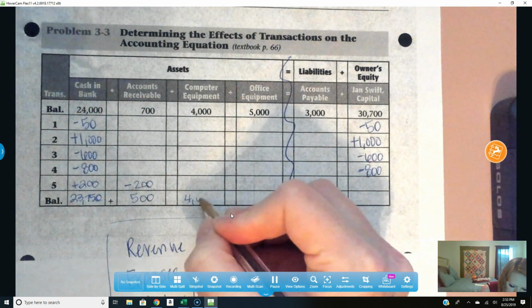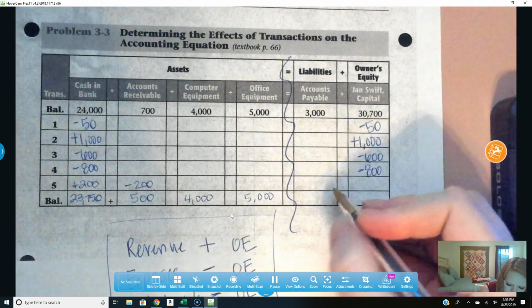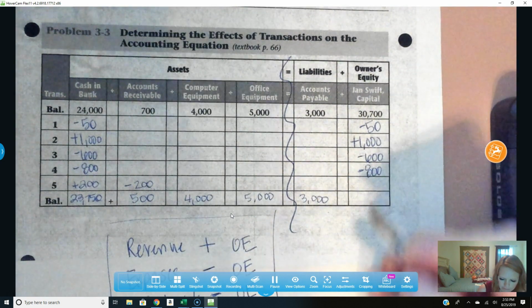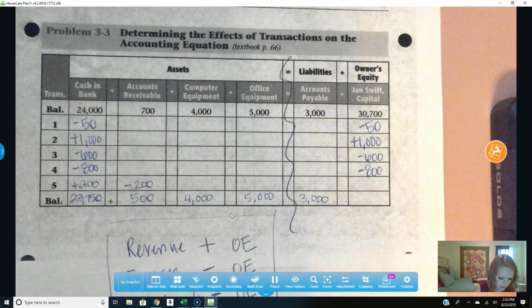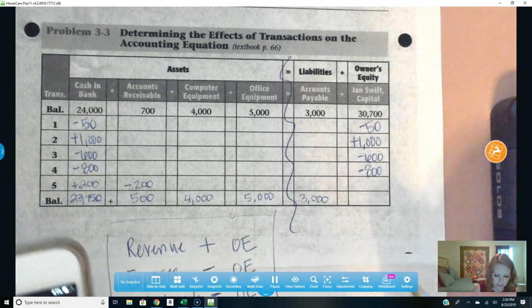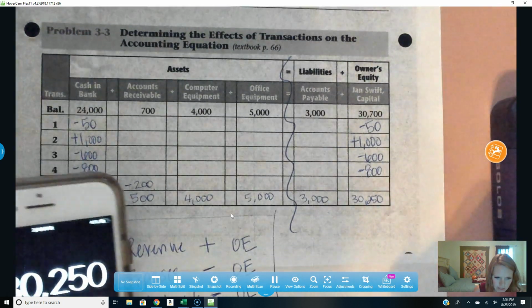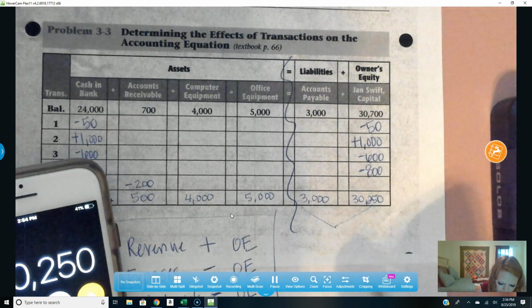We had no transactions in computer equipment or office equipment or accounts payable, but we did have a lot in our owner's equity. So again, we're going to do 30,700 minus 50 plus 1,000 minus 600 minus 800, and I got 30,250. And lastly, we're going to add all of our accounts together.